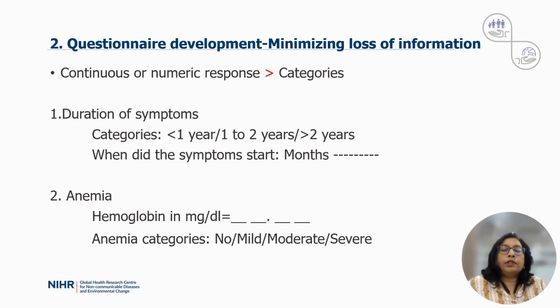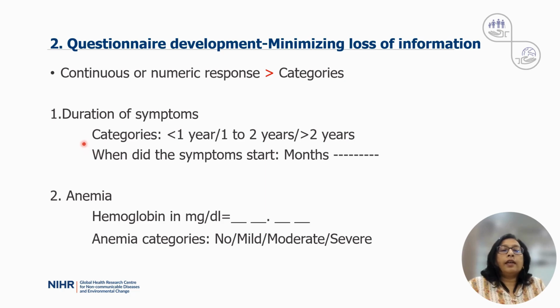You lose information when you categorize responses. Let us say I'm interested to know the duration you had symptoms, let's say cough. You might want to categorize them ultimately as less than 1 year, 1 to 2 years, and more than 2 years. But that's what is your interest.